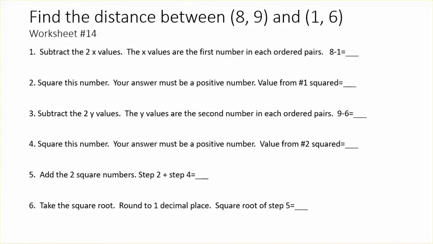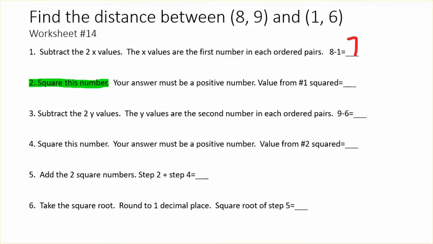Okay, first thing we do is subtract the two x values. The x values are those first numbers in each spot. So we subtract 8 minus 1. That equals 7. Then we square that number. And again, when we square, our answer should be positive.